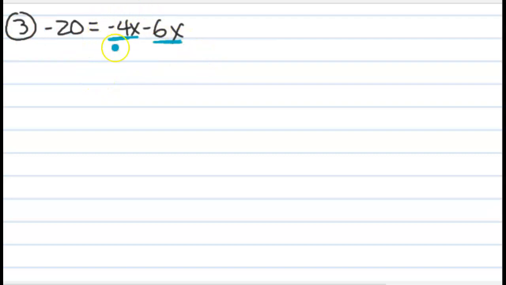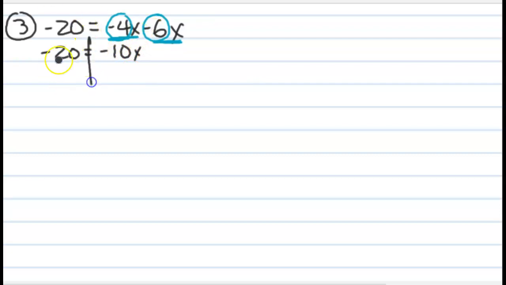If I notice I have 2 variables on one side or 2 regular numbers, constants, I want to put them together before solving to make the least amount of mistakes typically. So I know negative 4 and negative 6, I'm going to add the coefficients here, negative 4, negative 6, and that leaves me with negative 10. It's still negative 10x because I'm dealing with x's.